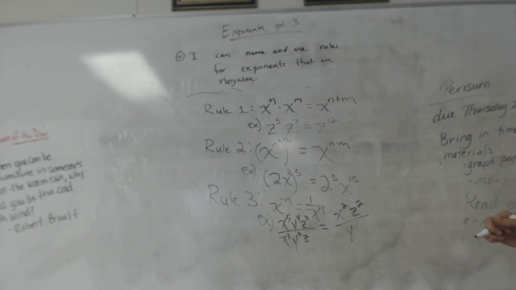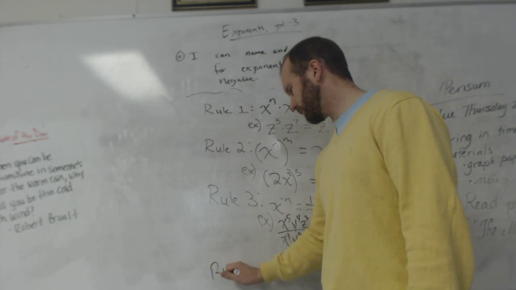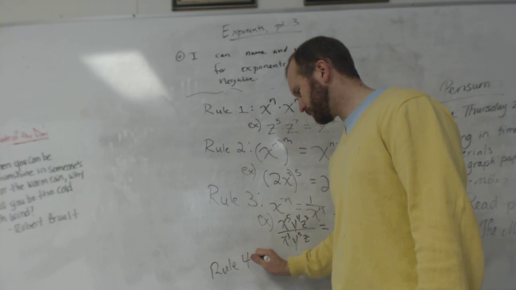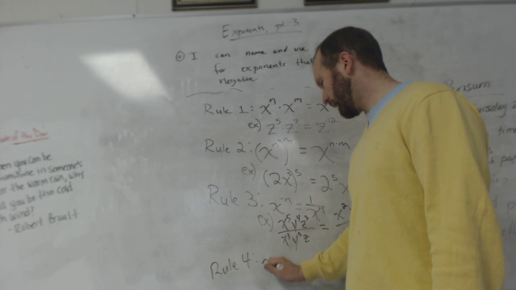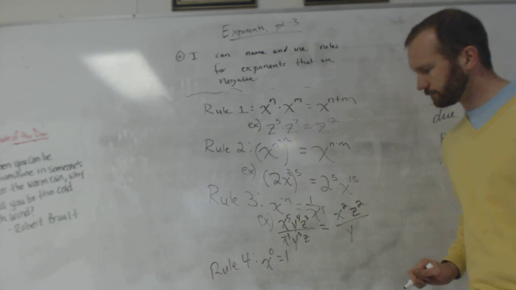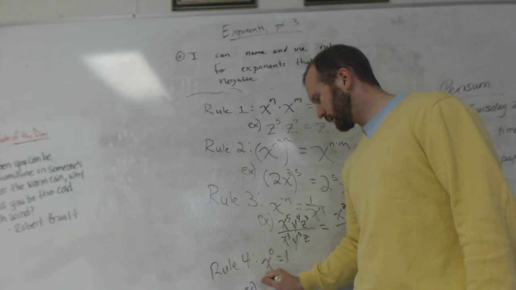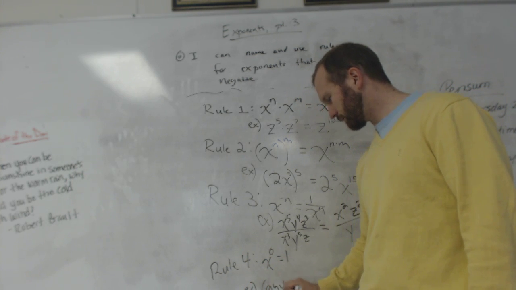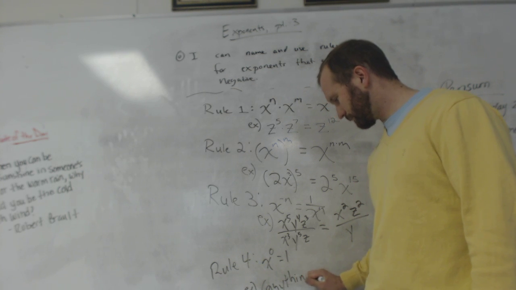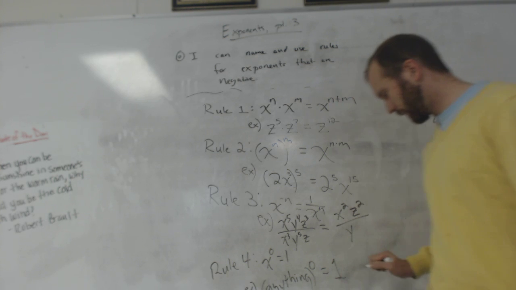And now our last rule, x to the 0 equals 1. Example, anything to the 0 equals 1.